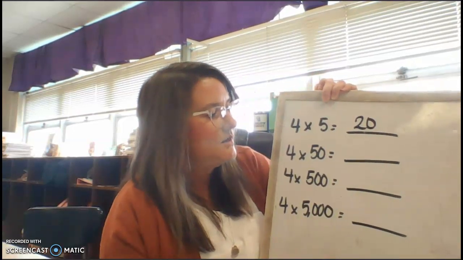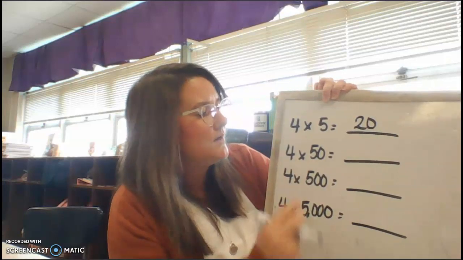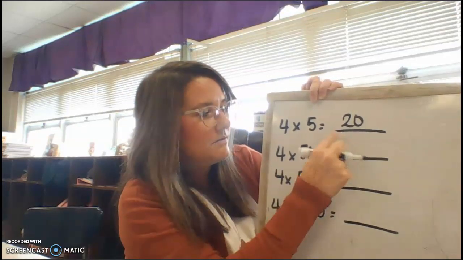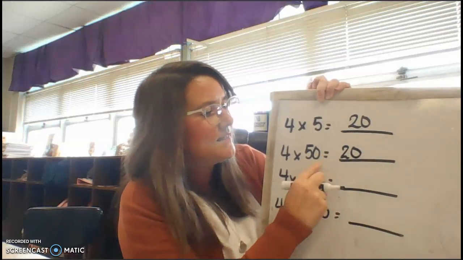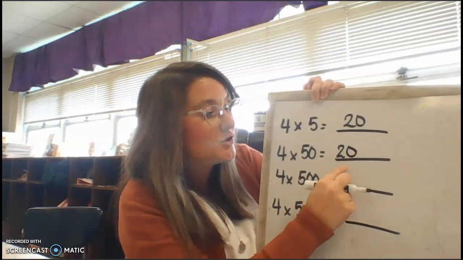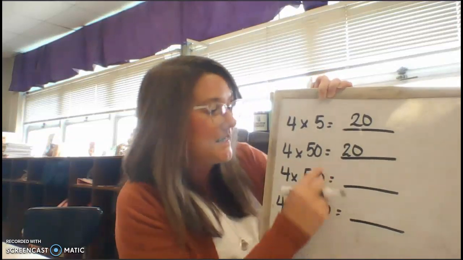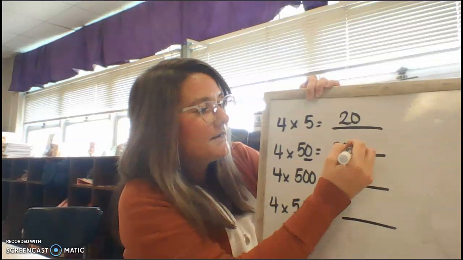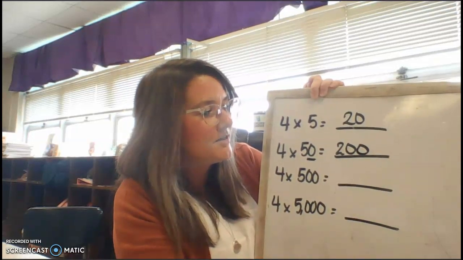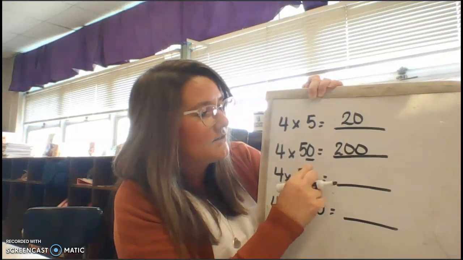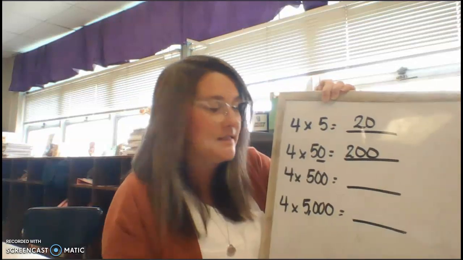And so 4 times 50, what I can think of is 4 times 5 equals 20, but we need to multiply 20 by 10 because we have a magic 0. And that magic 0 tells me that I need to multiply my product by 10.